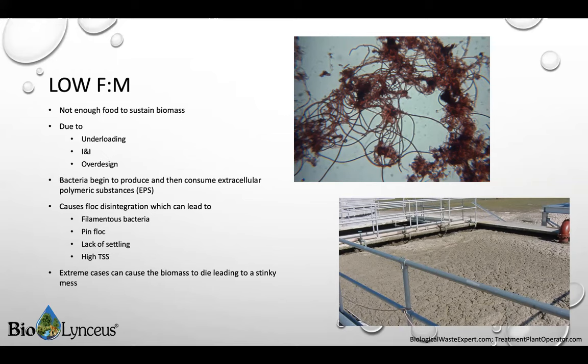In any example, low F to M causes the bacteria to start producing and then consuming extracellular polymeric substances, also known as EPS. This process causes floc disintegration, which can lead to a number of problems, including unhinged filamentous growth, pin floc development, lack of settling, and high TSS. Extreme cases can even kill off your biomass entirely, leading to a stinky mess.